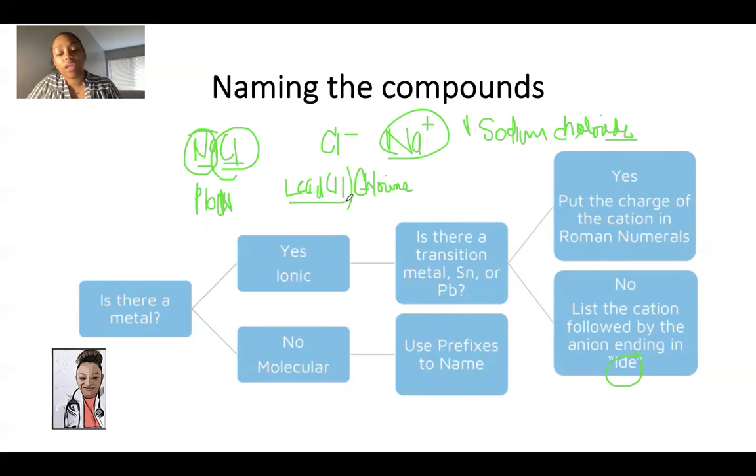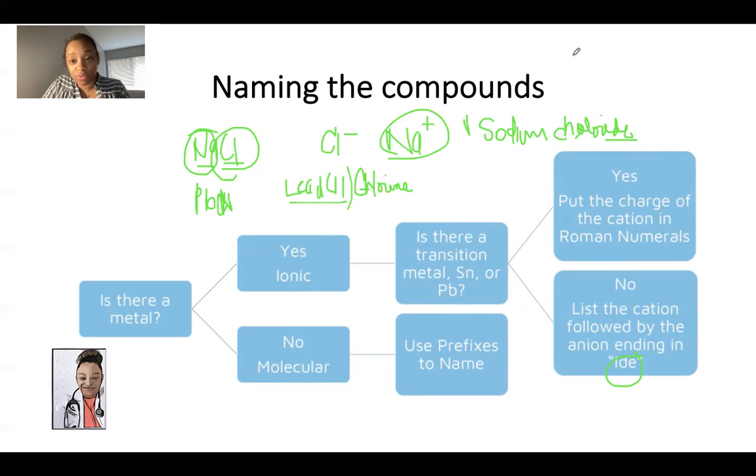Coming all the way back, when we ask ourselves, is there a metal, and the answer is no, then we consider whether this is a molecular compound. A molecular compound shares two non-metal elements, so all we have to do is use the prefixes. For example, CO2, carbon and oxygen.